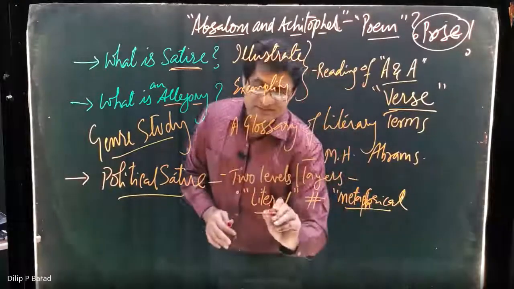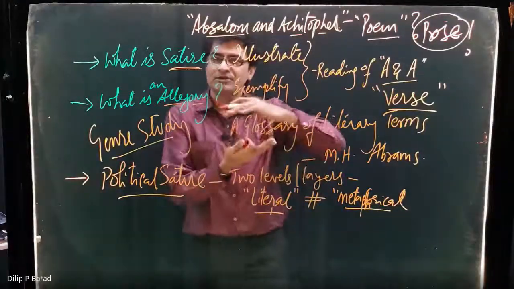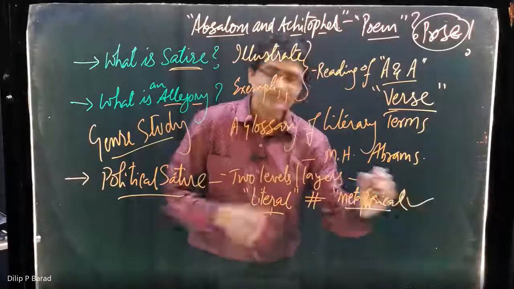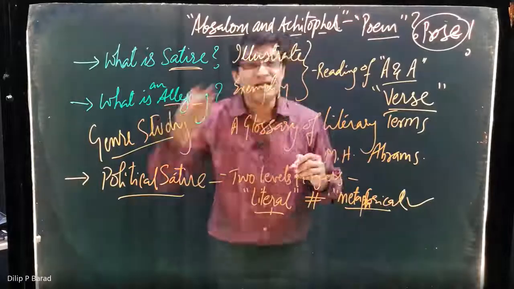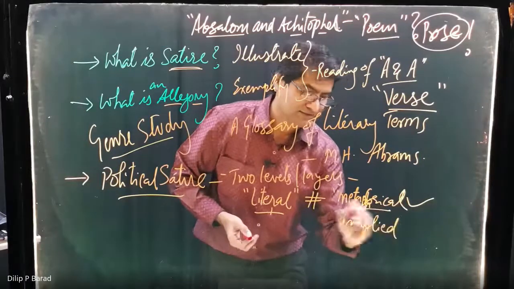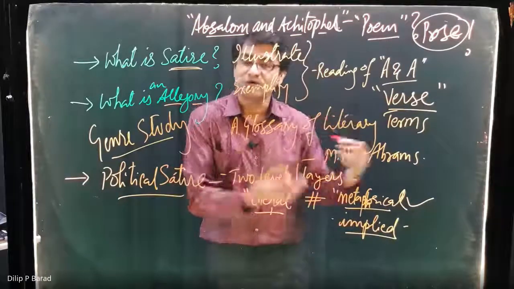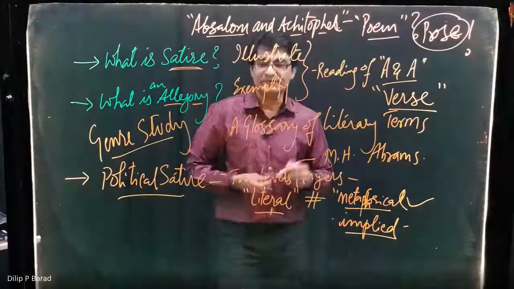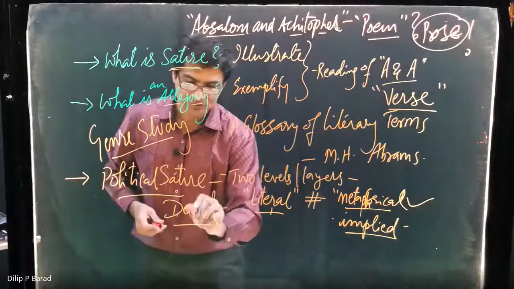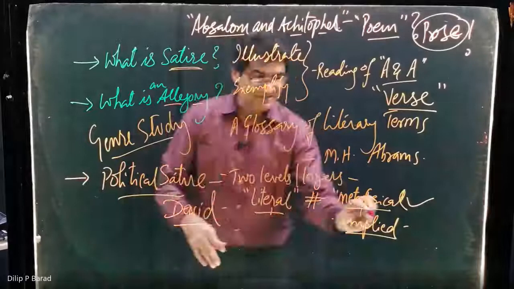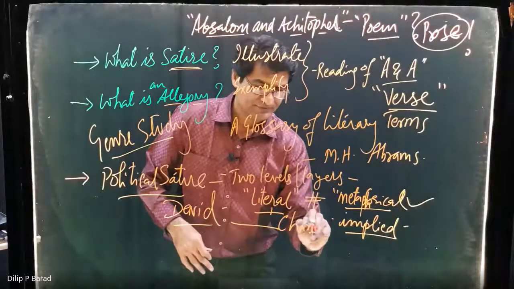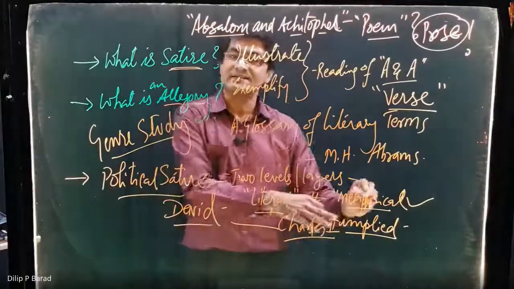Literal means the first shallow level, what the word means, that only. And metaphorical means there may be an implied meaning, not what is said. So if it says that David was like this, we know that it is not about David. What is implied here is Charles II. Yes, Charles II is implied here.